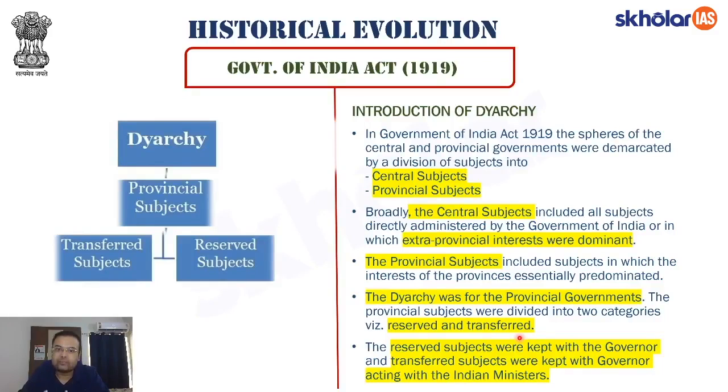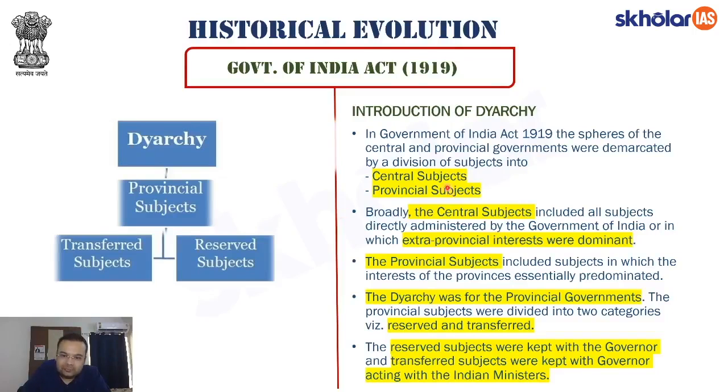Diarchy is different from bicameralism. Bicameralism means that there will be two houses in order to take legislative measures. Diarchy means division of subjects into two categories. What exactly do we mean by diarchy here? Let's try to understand. The Government of India Act 1919 created subjects which were to be managed exclusively by the center and subjects which were to be managed exclusively by the provinces.